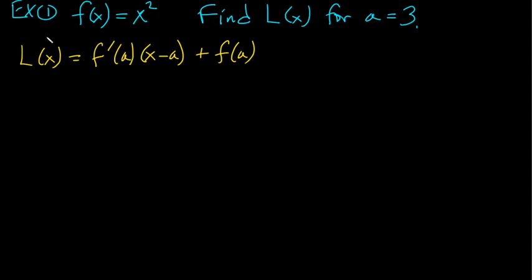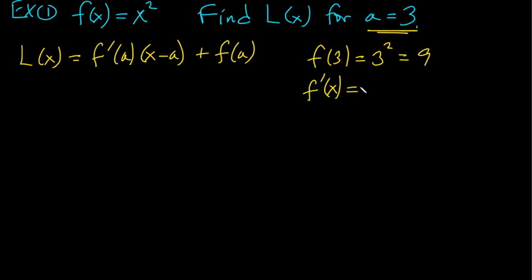And since we're given a is 3, let's first find f of a. F of a is f of 3, which is just 3 squared, which is 9. Okay, good enough. What else do we need? We also need f prime of a. So we have to take the derivative.